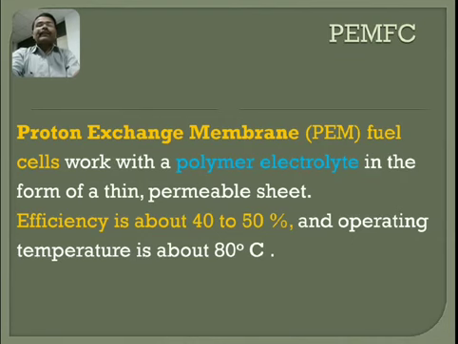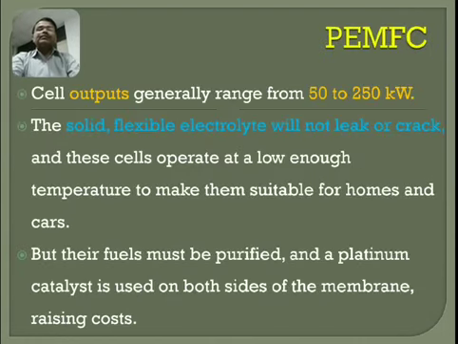These fuel cells work with, as told, some polymer material as electrolyte in the form of a thin and permeable sheet. The efficiency is about 40 to 50% and the operating temperature is around 80 degrees Celsius.